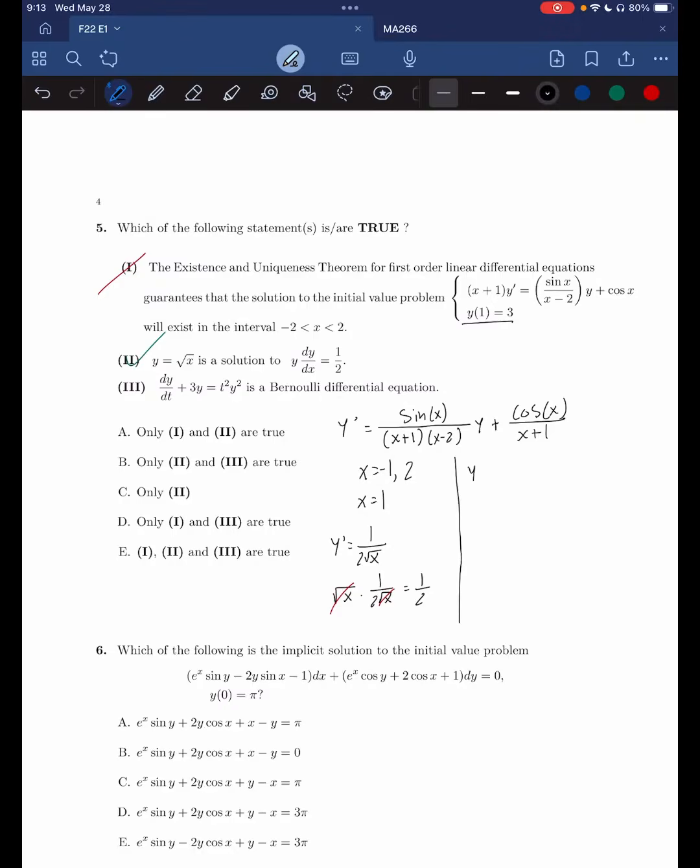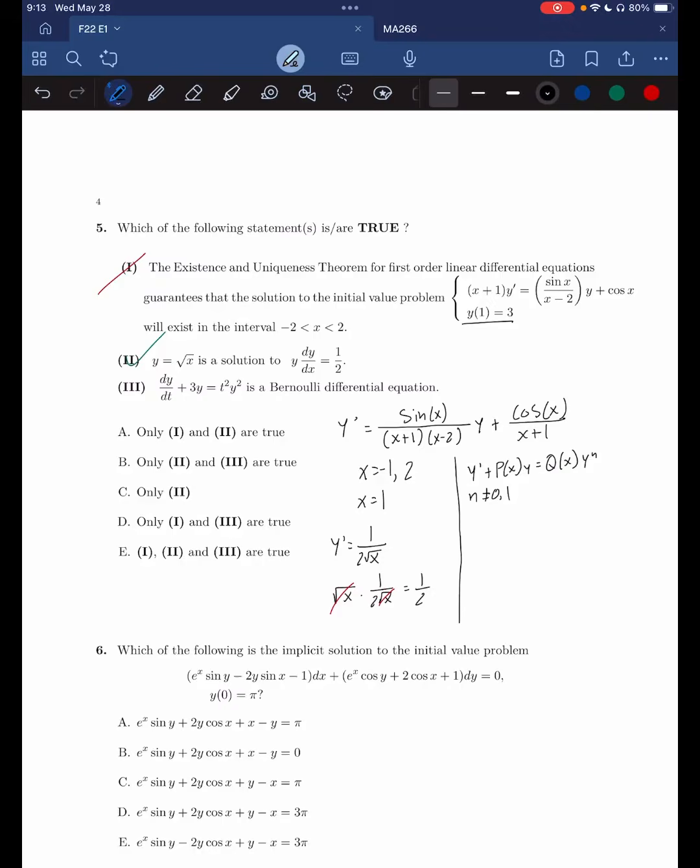The general form is the word I'm looking for. Y prime plus P of x times y is equal to Q of x times y to the n. And I mentioned earlier how n is not equal to 0 or 1.